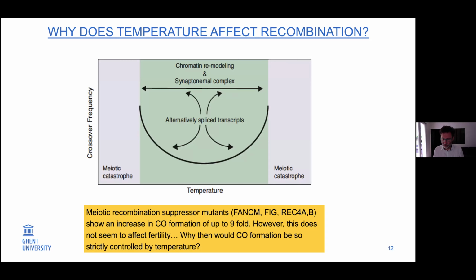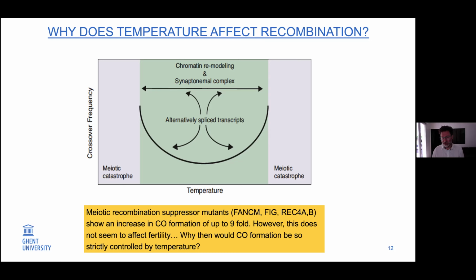These factors are known, like FANCM, FIGL1, and the DNA helicase RECQ4AB, and when you mutate these genes, the recombination frequency increases. But this seems to have no impact whatsoever on the fertility of these plants. So apparently, if you increase recombination, that doesn't cause any repercussions for seed set and reproduction. So why would temperature then have an optimum? This is currently still an open question.